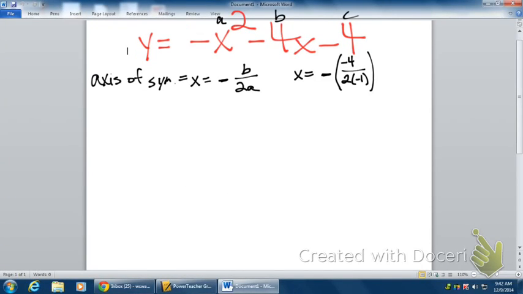2 times a negative 1 is going to give me a negative 2. Negative 4 divided by a negative 2 gives me a positive 2. And lastly, go ahead and put that negative in front of it.